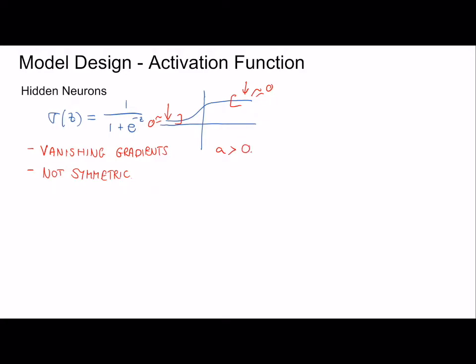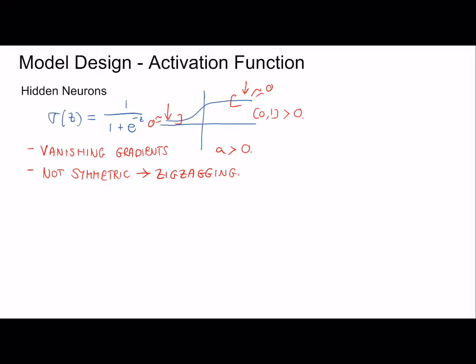You can see that our outputs are between 0 and 1, and therefore they're always larger than 0. And why is this not ideal? Well, there is an issue known as zigzagging that is provoked by the activation function not being symmetric, zigzagging.